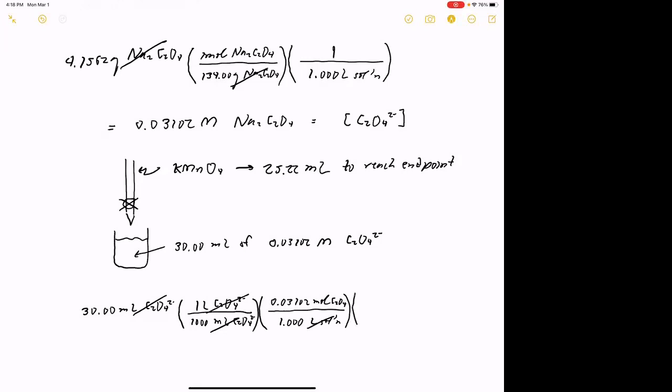But where am I trying to go? I'm trying to get back to the moles of my permanganate. So what do I do now? I need my mole bridge back to that chemical reaction I gave you at the top. Let's just remind ourselves what I need. I need moles of C2O4 down here and moles of MnO4 minus up here.